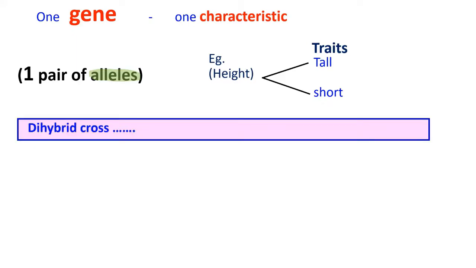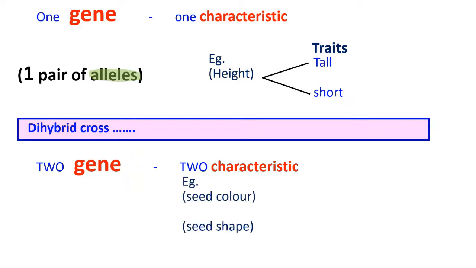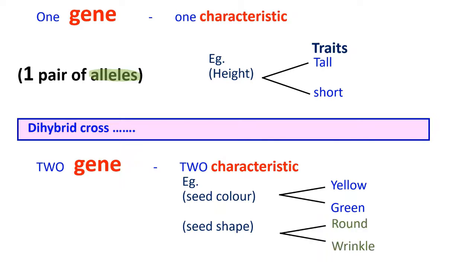For the dihybrid cross, it involves two genes. So two genes control two characteristics. The example here can be seed color, and the other characteristic, seed shape. The seed color can exist in two forms: it can be yellow, it can be green. The shape of the seed can be round, it can be wrinkled.